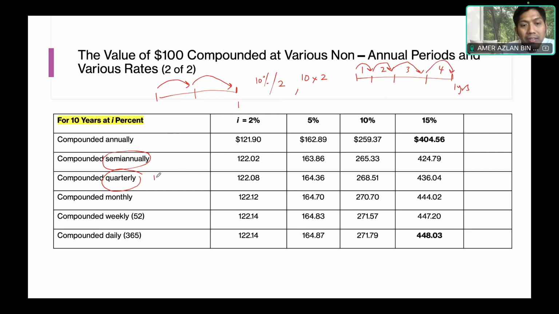If the interest is 10%, you divide by 4 because it is quarterly. And if the N is 10 years, then you multiply by 4. The same thing applies if it is monthly, weekly, or daily basis. So that is the effect of compounding interest according to the frequency of the compounding.